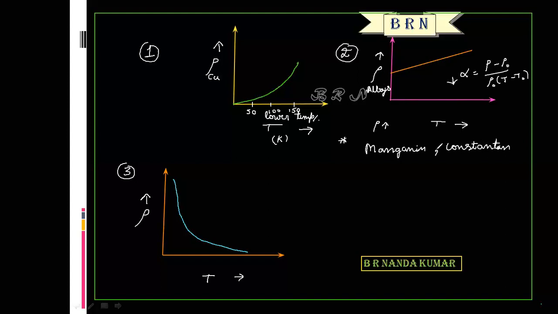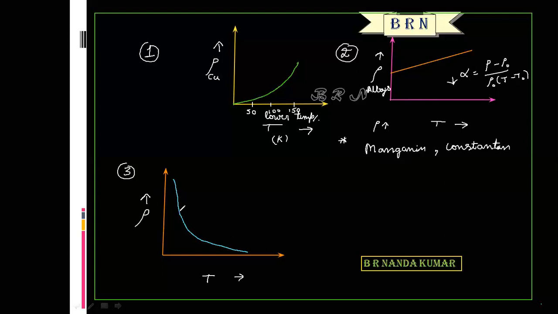That is why manganese and constantan are used for making standard resistance coils, because they have very high resistivity and very low temperature coefficient.